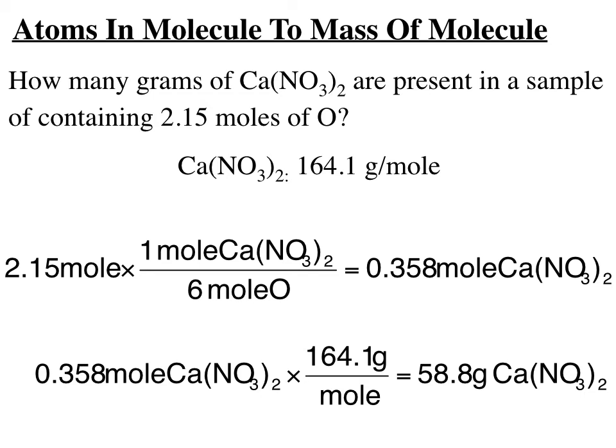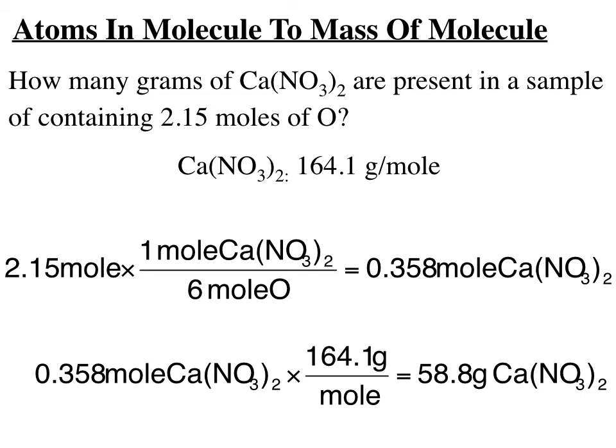I know how many moles of an atom of the molecule I have present. I can use the moles of a particular atom in the molecule to find the moles of the molecule. Once I find the moles of the molecule, I can then find the grams of the molecule using the molar mass of the molecule. So I need to know the molar mass of calcium nitrate, and of course is 164.1 gram per mole.